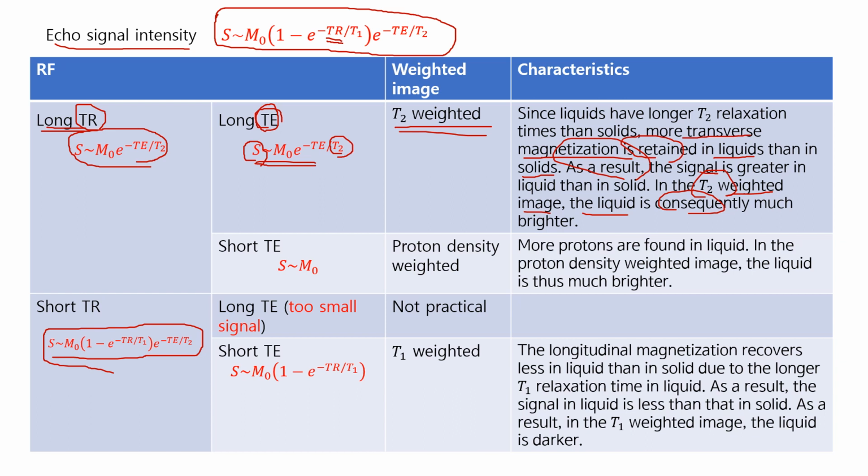So liquid gives more echo signal. Consequently, in the T2 weighted image, the liquid part is brighter than that in solid. So we can get this kind of picture by this equation.